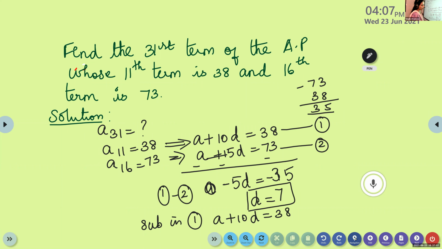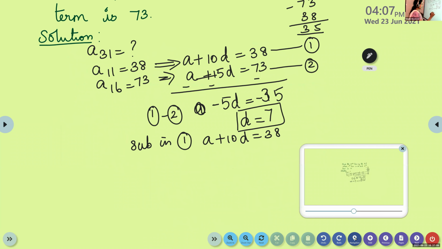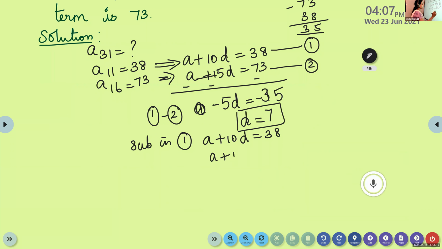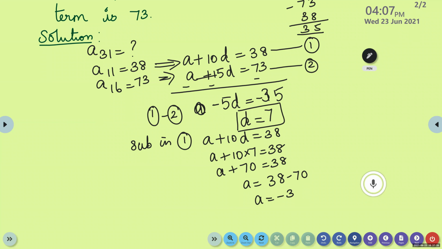When you substitute, what will you get? a plus 10 into 7 is 38. So a plus 70 is equal to 38. So what is a? 38 minus 70. So a is negative 32.